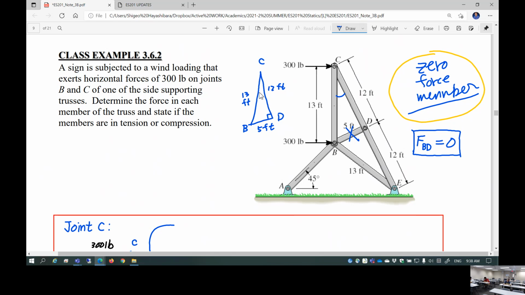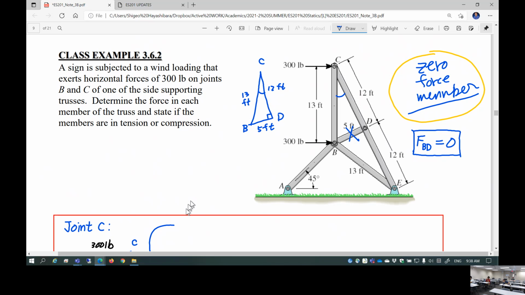And then what I want to know is this angle here. What is this angle here? This is 90 degrees, with sides 13, 12, and 5 feet.